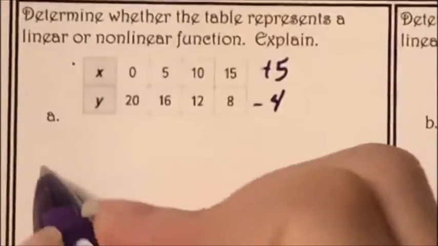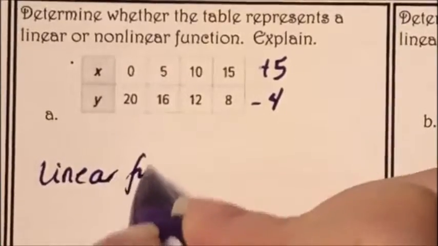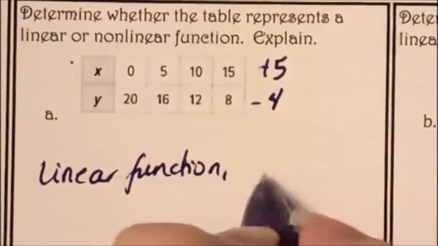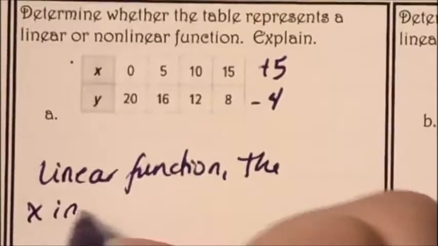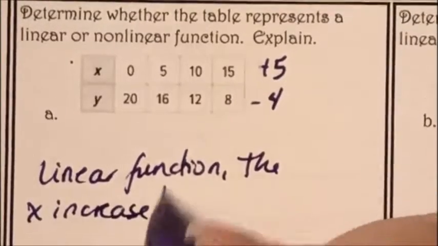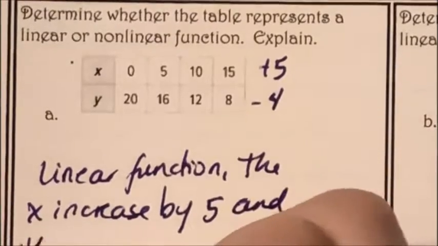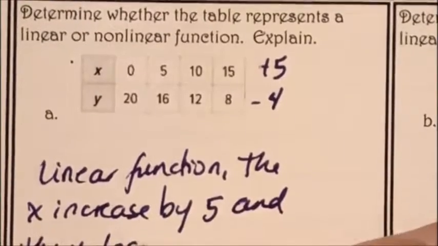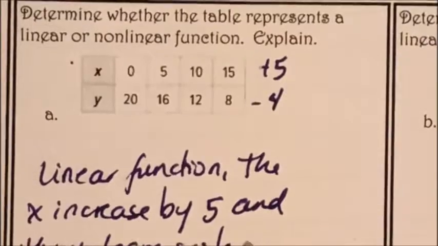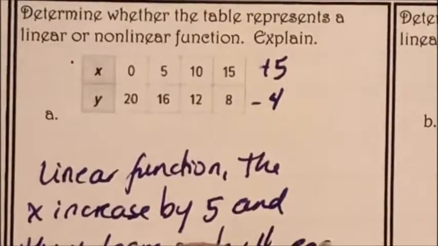So this is a linear function. The x increases by 5 and the y decreases by 4 each time.